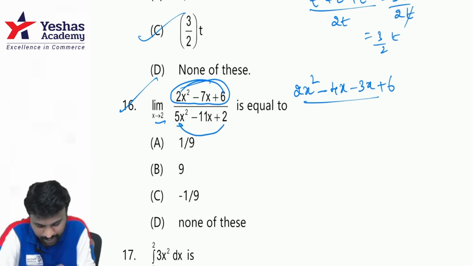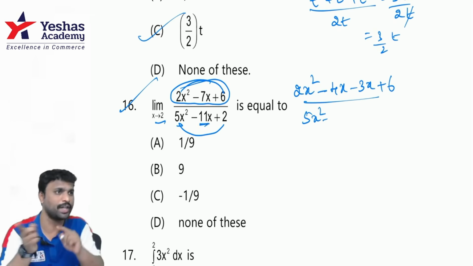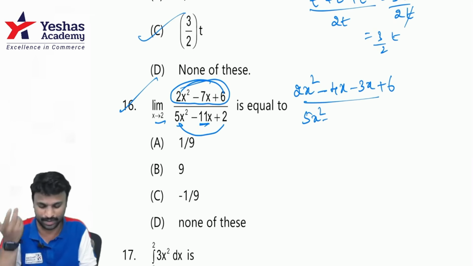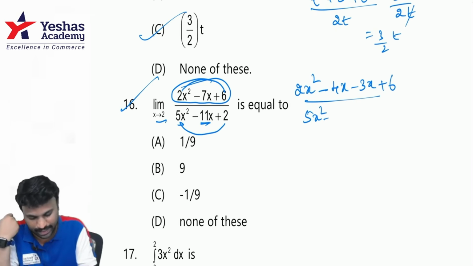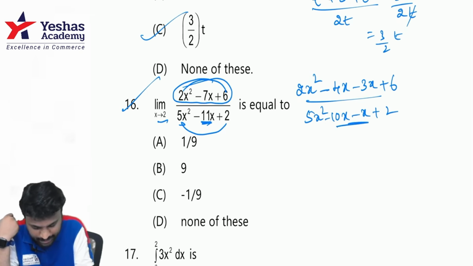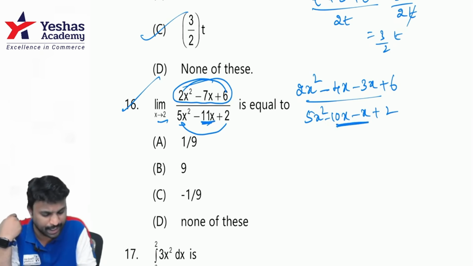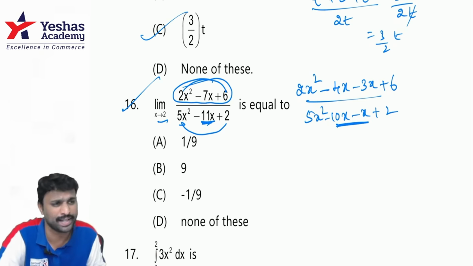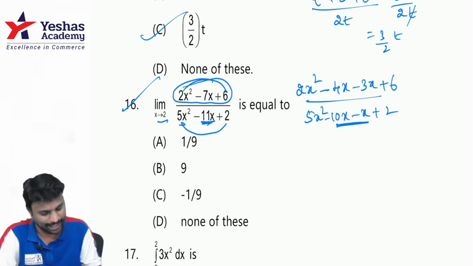If you factorize, 5 into 2 is 10, how do I write minus 11 in terms of 10? The product should be equal to what? 10. So that means it is minus 10x minus x. So the sum is minus 11x and the product, 10x into minus x, is plus 10x square. So it gets satisfied.